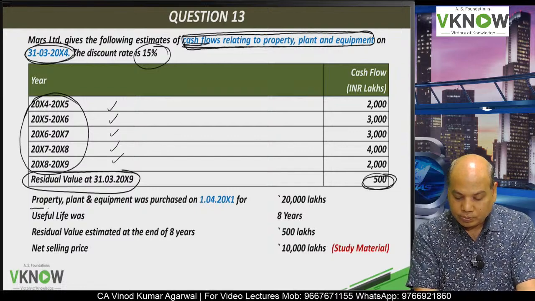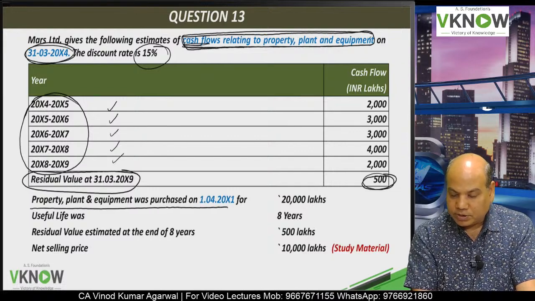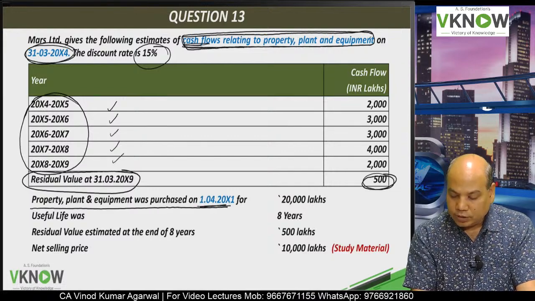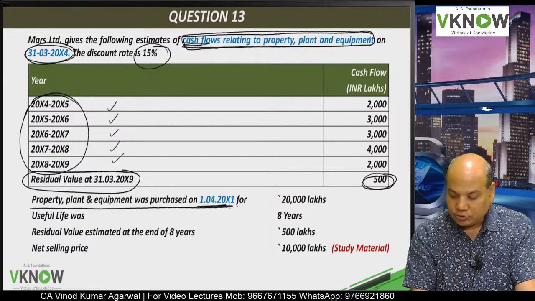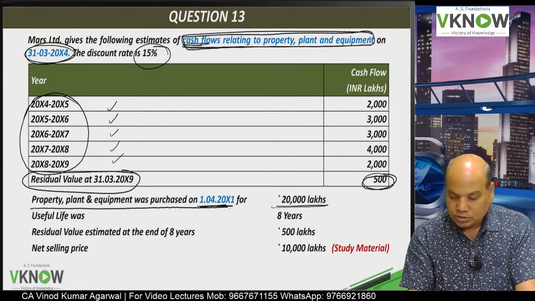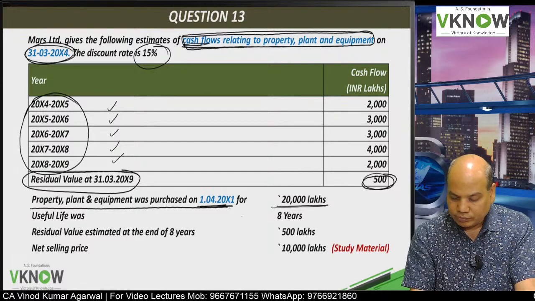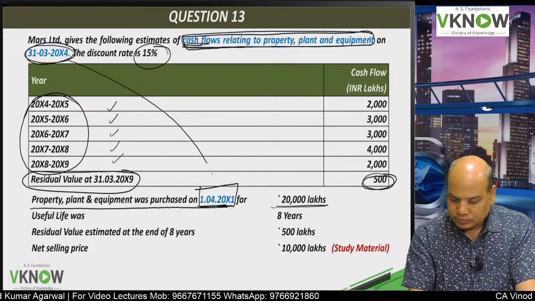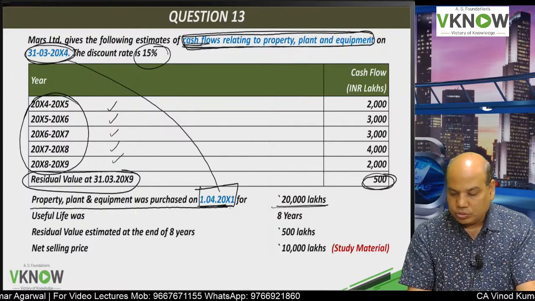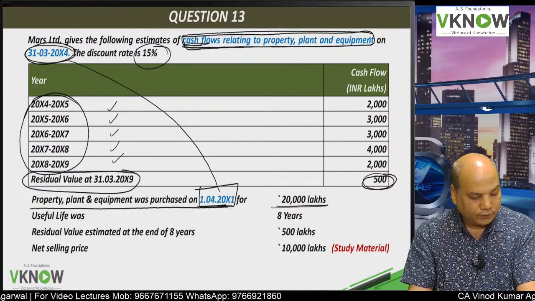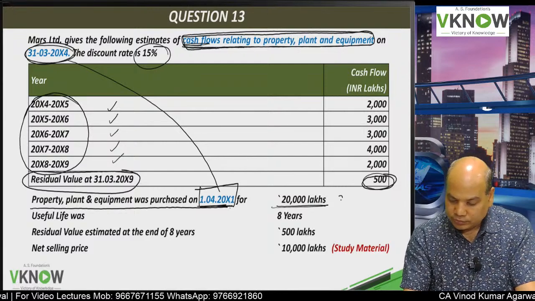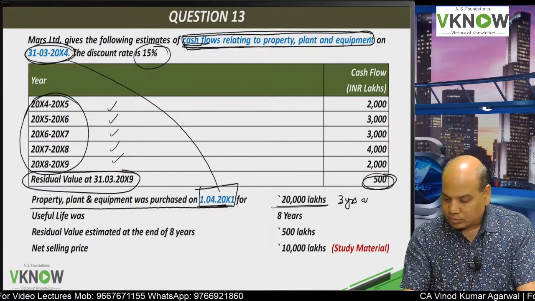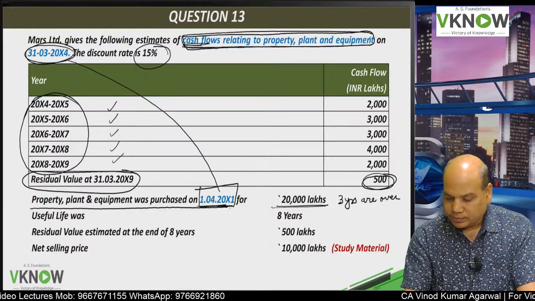Property, plant and equipment was purchased on 1/4/2000 for rupees 20,000 lakhs. So how many years are over? 2001, 2002, 2003. 3 years are over.